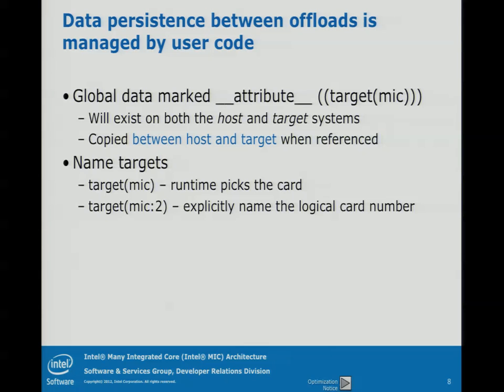If you don't specify anything, the runtime system basically picks whatever it likes. It could be round robin, it could be randomized, it could be load based, whatever. But there's no guarantee that you would always hit the same device if you have more than one device. If there's only one, there are good chances that you always hit the same device.